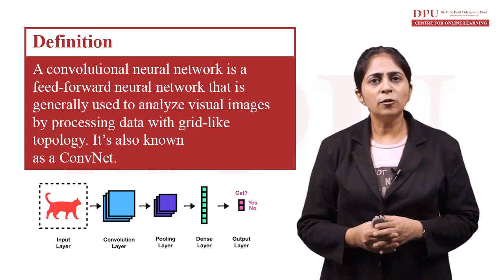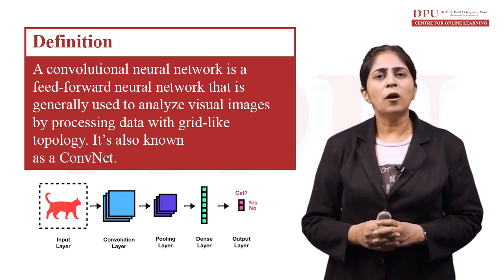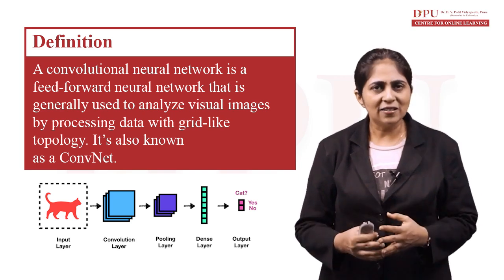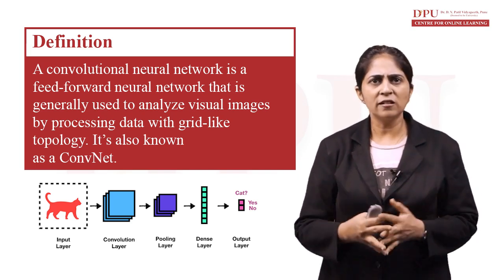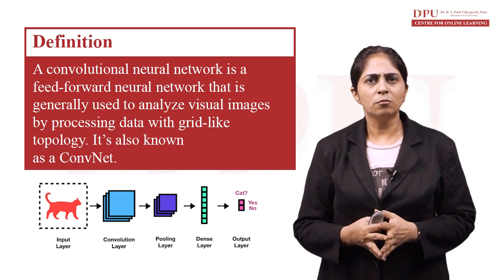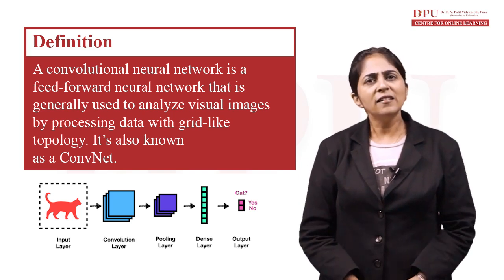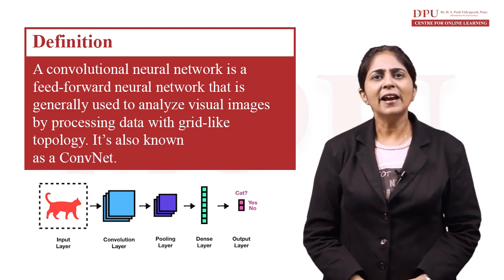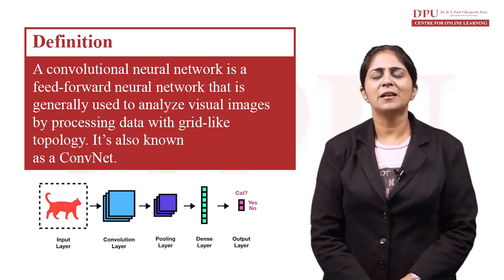This convolutional neural network basically works on images. It is used to analyze images by processing them with grid-like topology. A CNN is used to detect and classify the objects in an image.